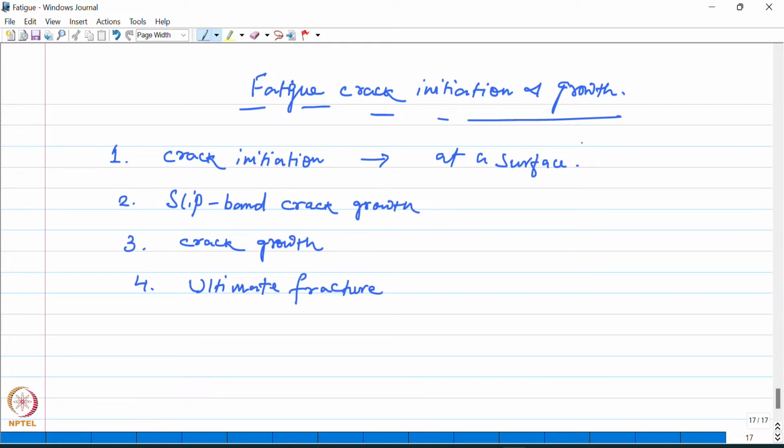Now, deformation during fatigue is similar to the deformation that happens in static loading in many ways, particularly the fact that fatigue deformation can also occur along specific crystal planes and directions.